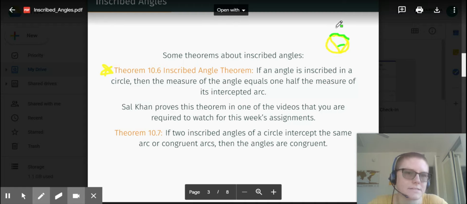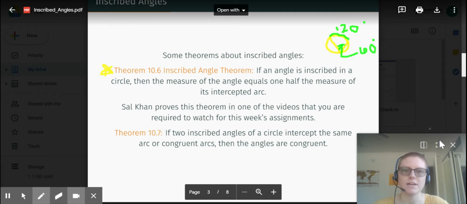So if this was, let's say, 120, then the measure of that angle would be 60, both degree measures. Sal Khan will prove this theorem in one of the videos that I'm requiring you to watch for this week's assignments. It really is helpful to see the proof of a theorem, so I'm going to have you watch that.